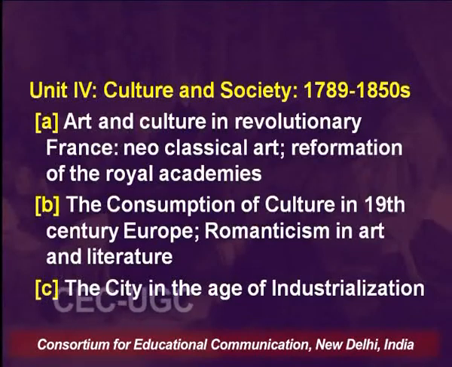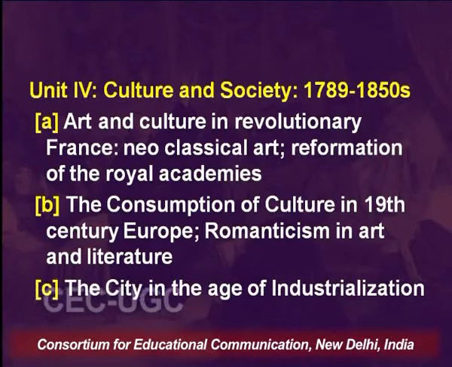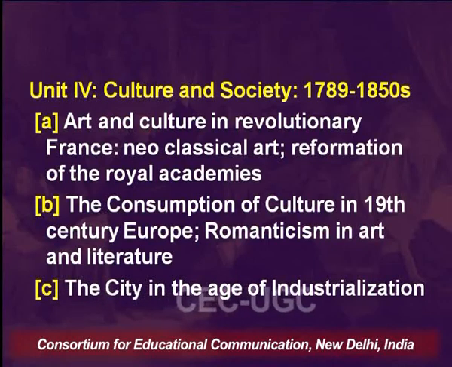And then the last segment of today's presentation is also in its bid to cover the history of 19th century Europe. You have the culture and society 1789 to 1850, and as I told in the previous part of this lecture, in part 1 of this lecture, that these are the rubrics that I have borrowed from the proposed syllabus of University of Delhi for this paper, that is History of Modern Europe.